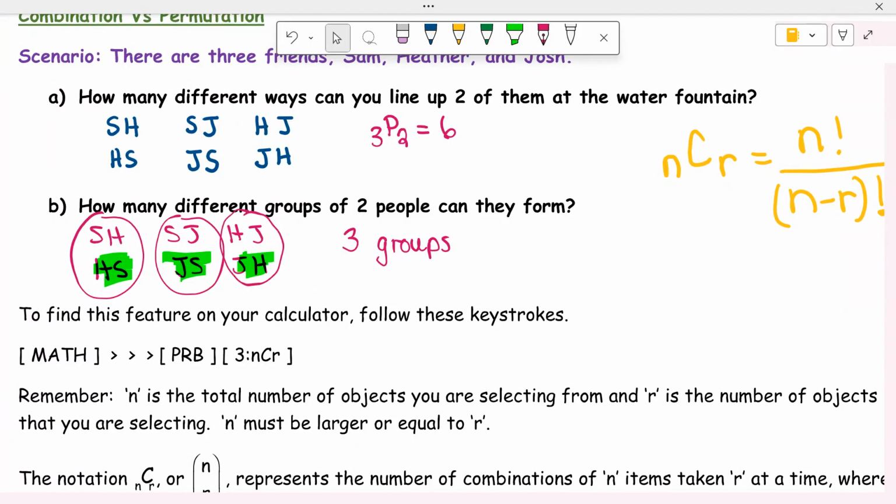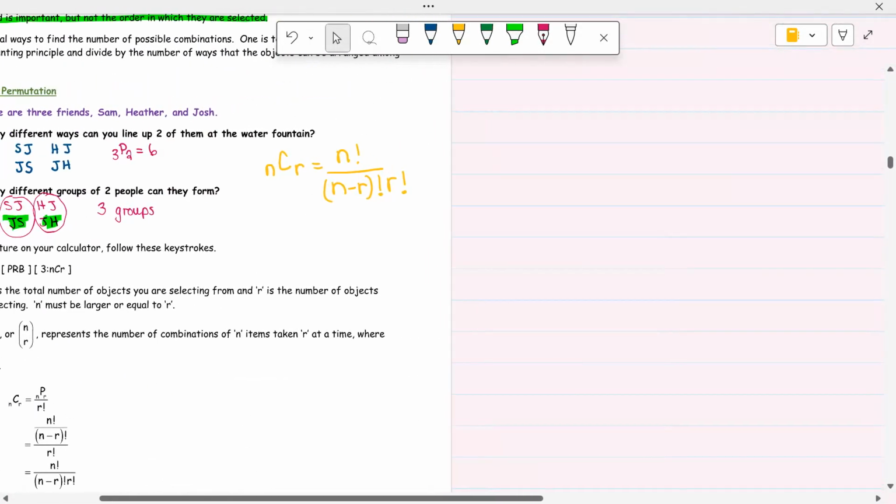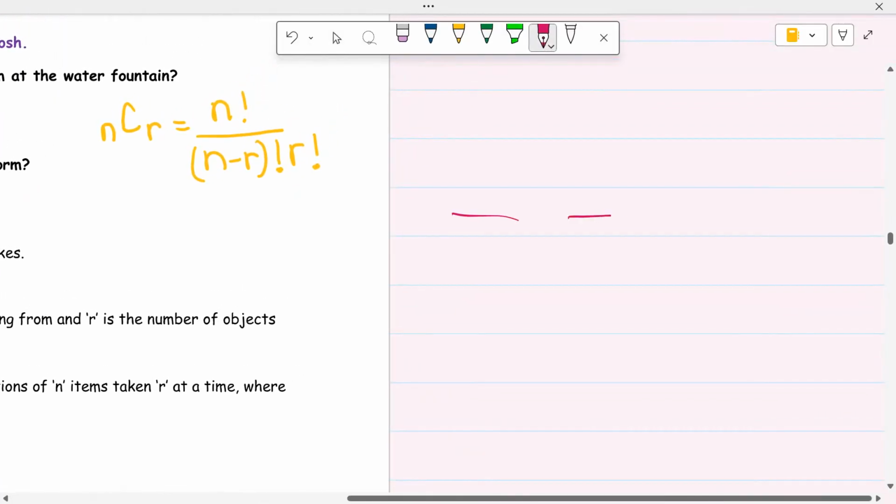So you will not find yourself ever doing this when you're making groups. Does order matter when you make groups? No. So if you find yourself doing this in a combination question, stop. Because that tells me order matters, like where you're going to put your pen next. Even if I start on the far left, I'm still choosing that position to start. Do you guys agree? With groups, position doesn't matter at all.